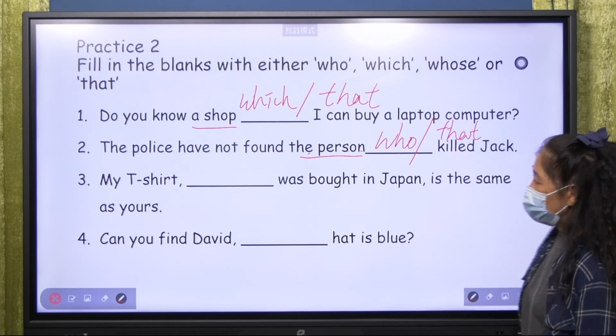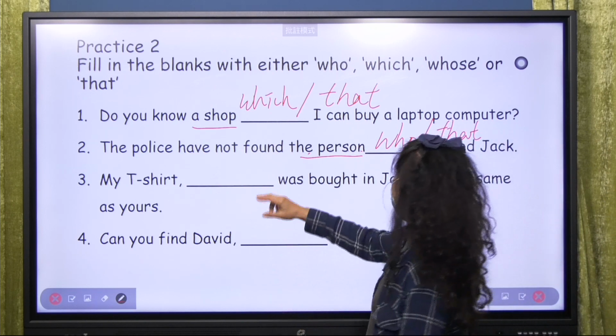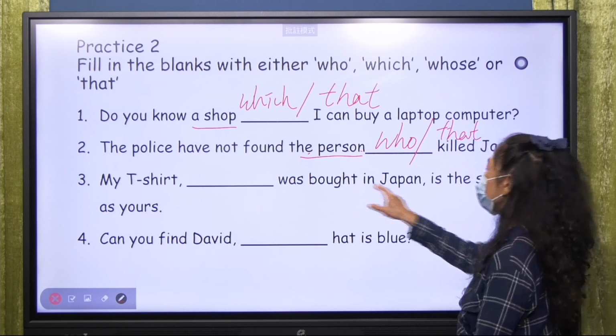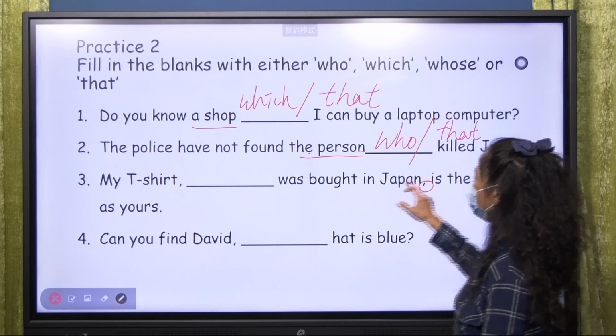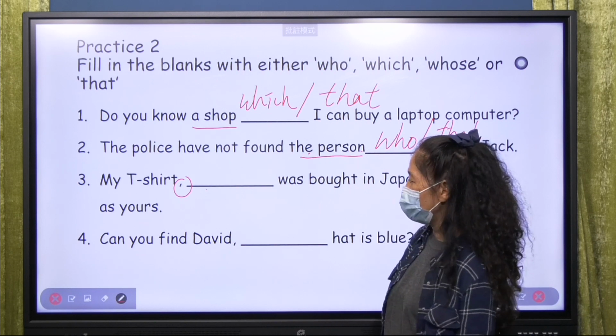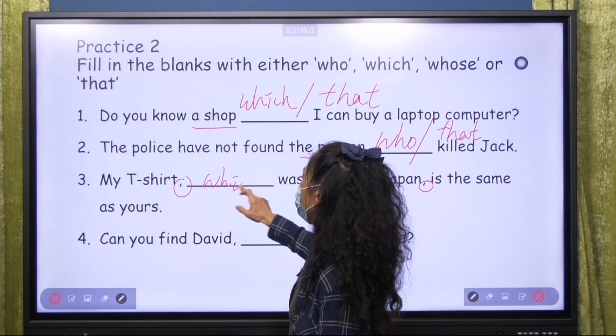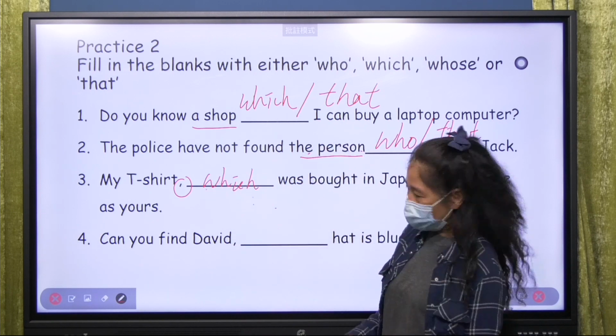Number 3, my t-shirt. I've already told you my t-shirt, which was bought in Japan. Pay attention here. This is a non-defining relative clause. So t-shirt is something, yes, we use which. Can we use that here?